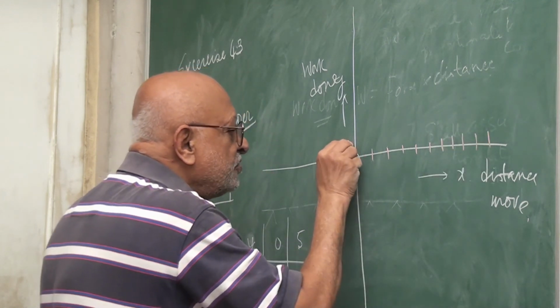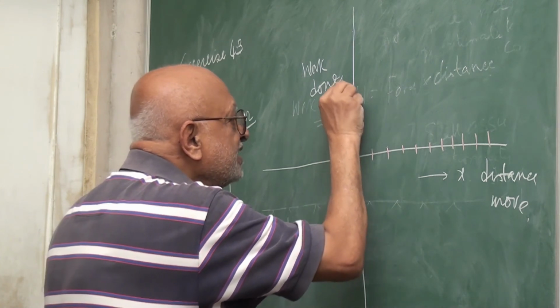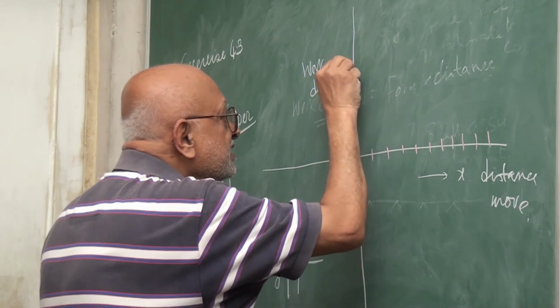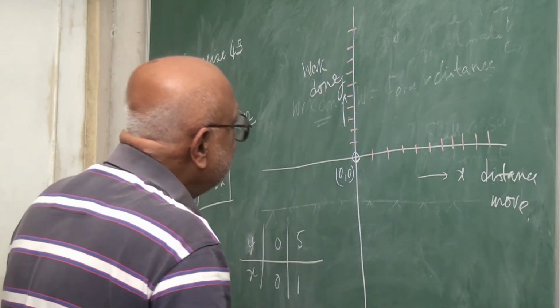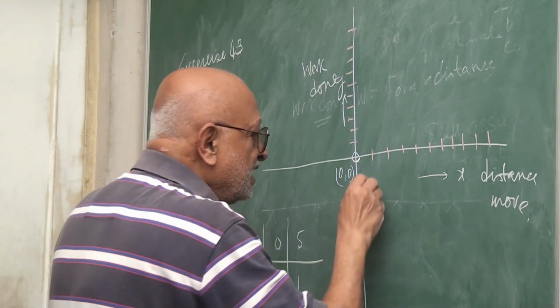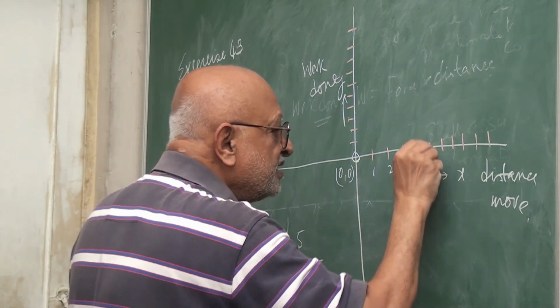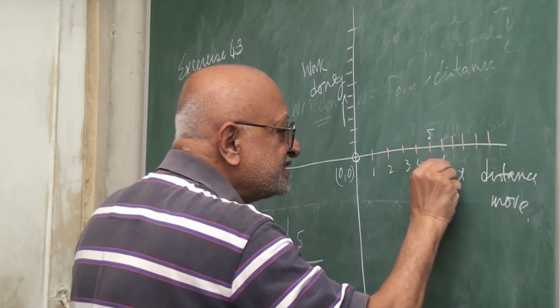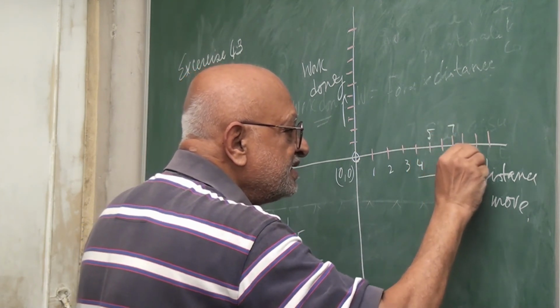Okay, here also 3, 4, 5, 6, 7, 8, 9, 10. So let's put it there. It is 1, 2, 3, 4, 5, 6, 7, 8. This is 9.